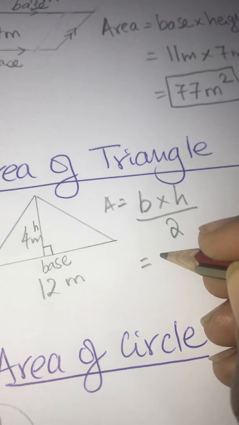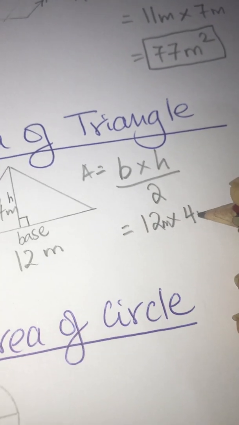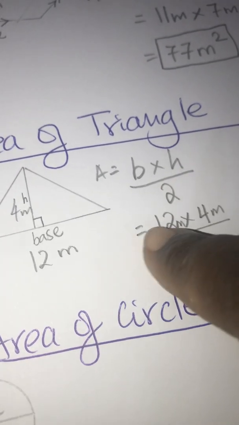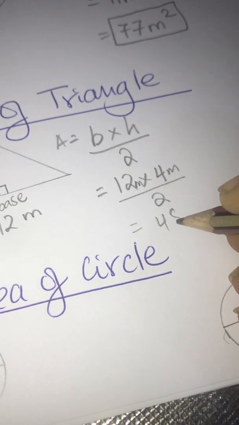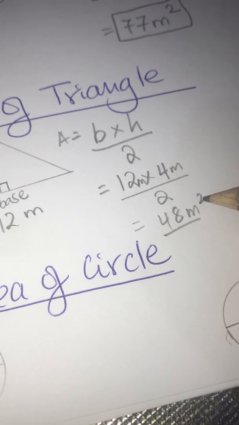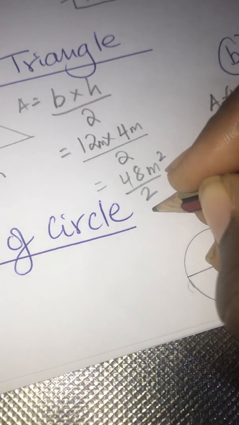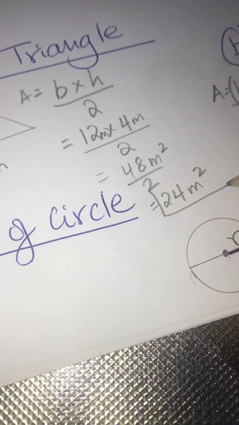So I will say 12 meters times 4 meters, divide by 2. What is that? 48. 48 meters squared divide by 2. That is 24 meters squared. And that's my answer for area of a triangle.